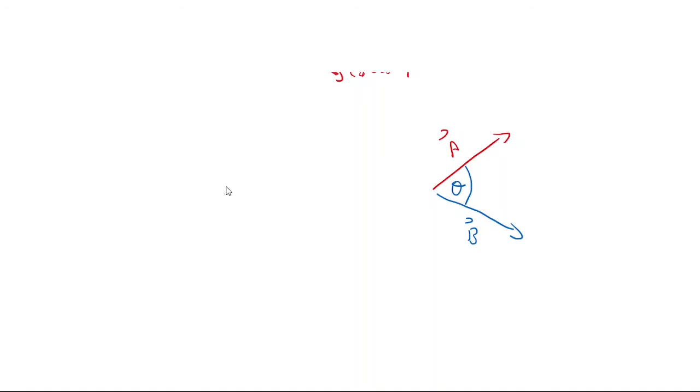If you do that, the dot product is written like this. You say A dot B, and that would be the magnitude of A multiplied by the magnitude of B times cos of whatever the angle is between the two vectors.